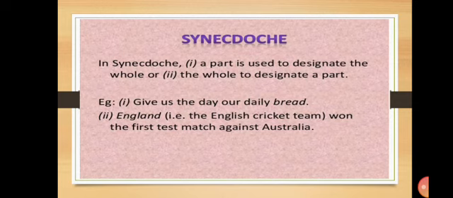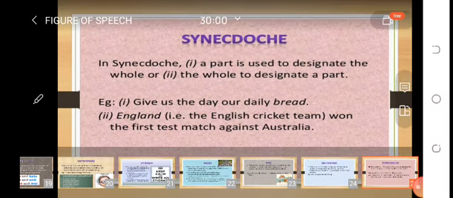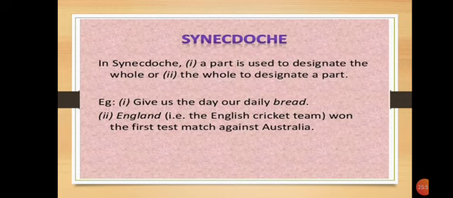And we also use part for whole and whole for part. I will also give you an example. When we say that he has purchased four wheels, it is not that he has purchased only four wheels.